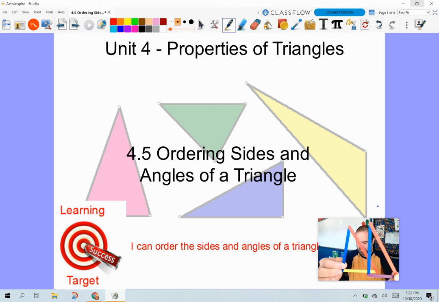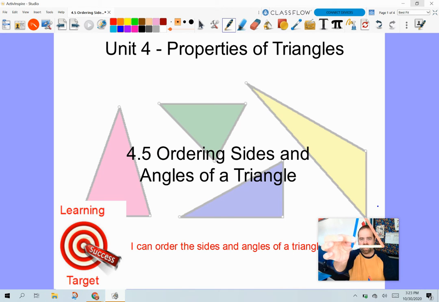If you look close enough, and sorry, this is kind of weird doing this holding up to a webcam, but the triangle that has the purple side, this one here, the angle up here between the red and the blue is smaller than the one made with the red and the blue that's across from the yellow. So there's some relationship here between the side at the bottom and the angle at the top.